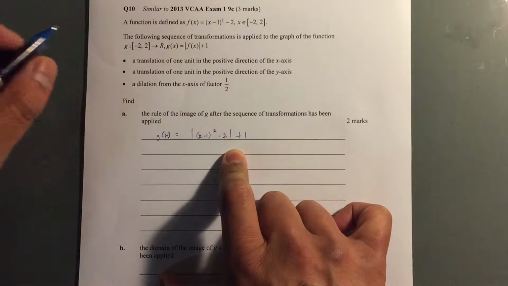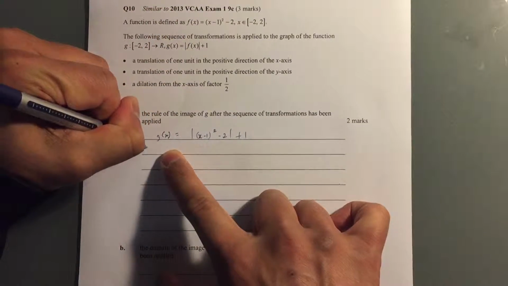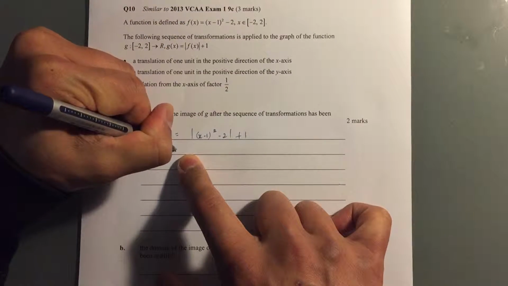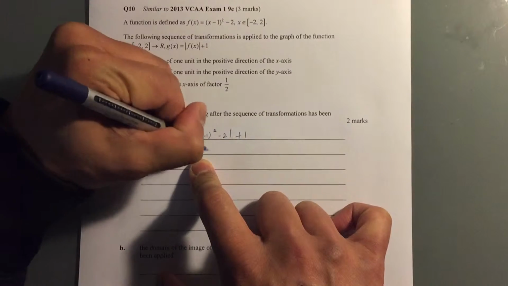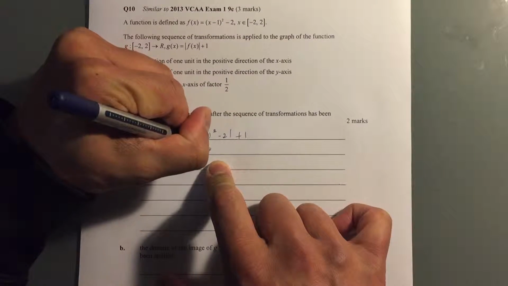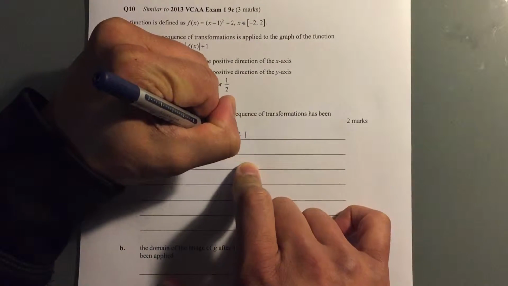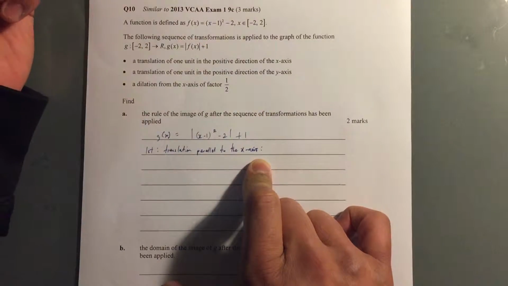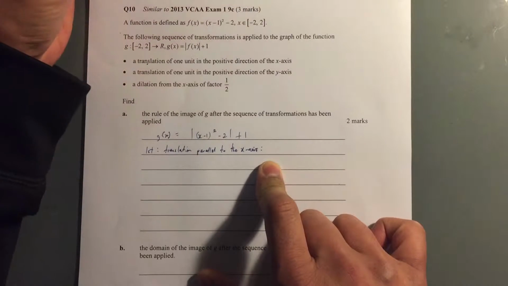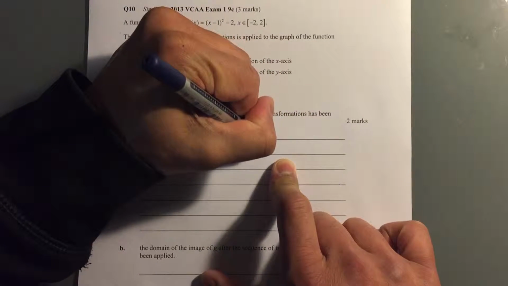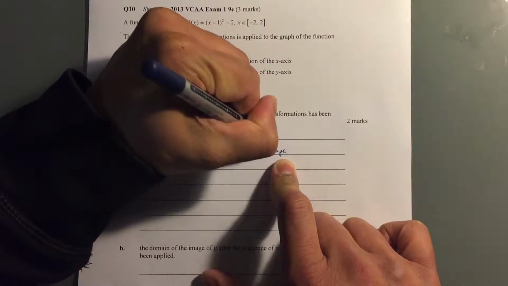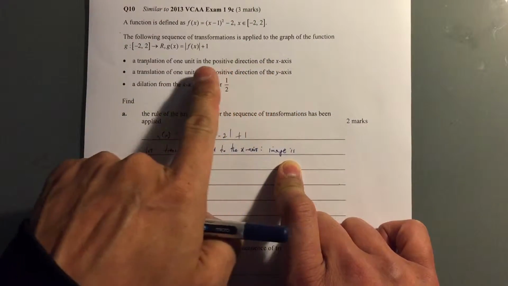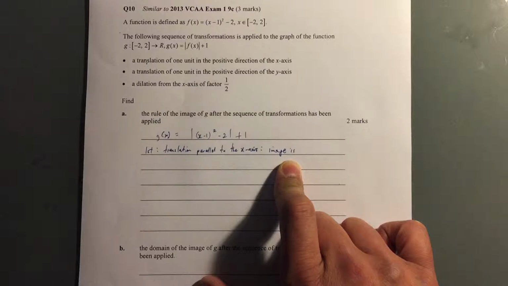So we'll do a translation parallel to the x-axis, which means that our image, we've got to go 1 unit in the positive direction of the x-axis.